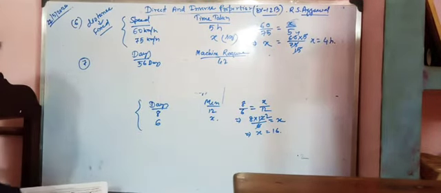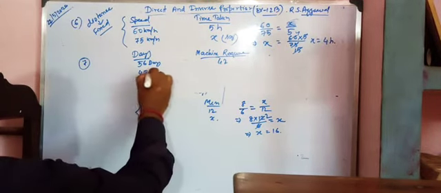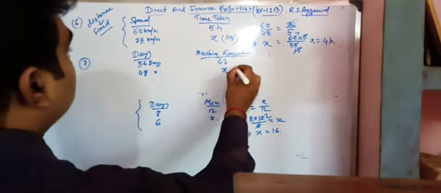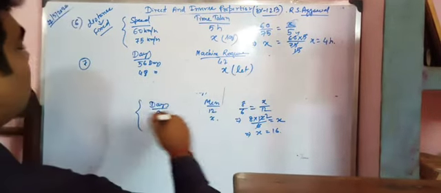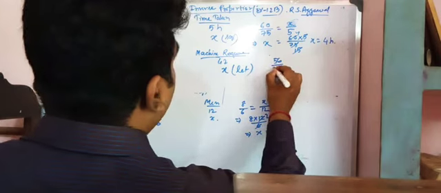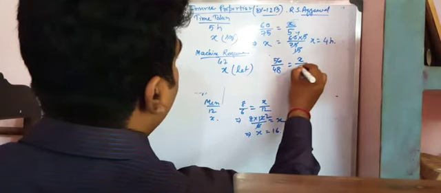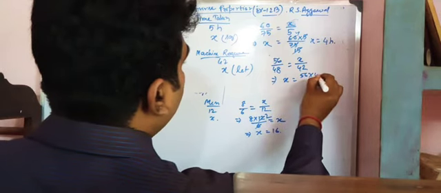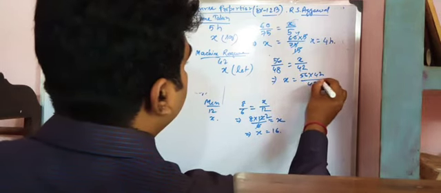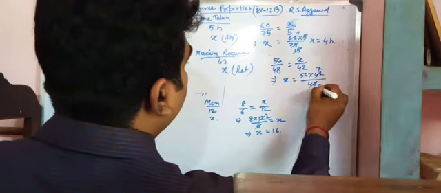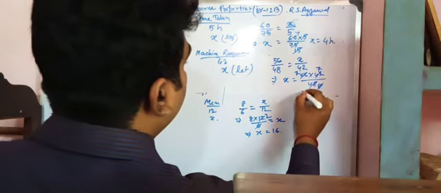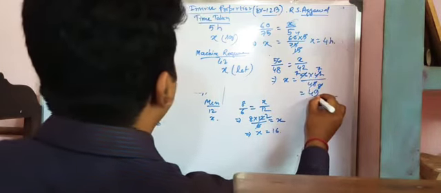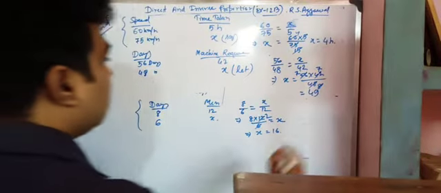Now here 48 days, x machines. So from here 56 by 48 is equal to x by 42. That means x is equal to 56 into 42 by 48. So x is equal to 49. So 49 machines required.